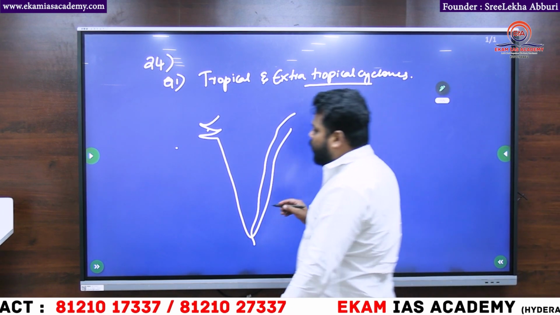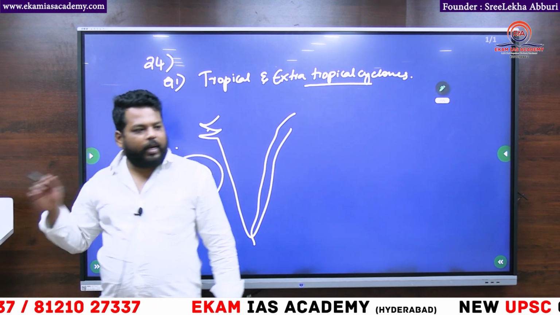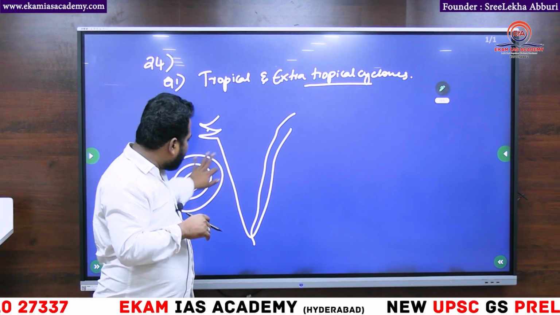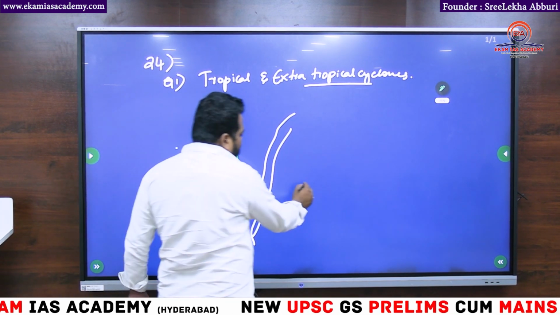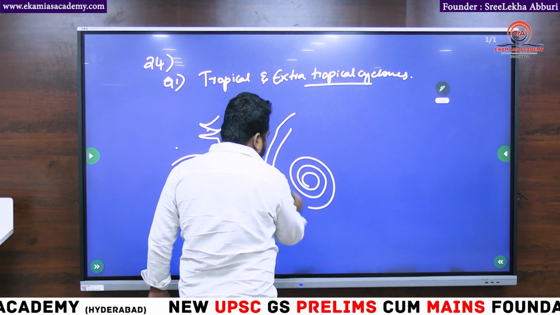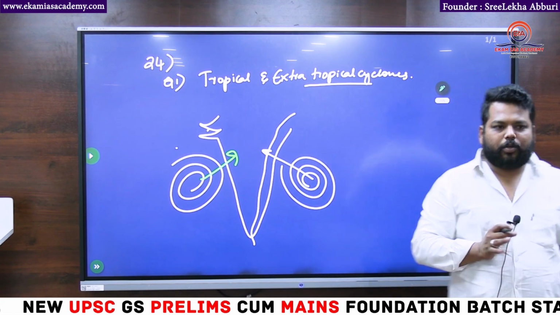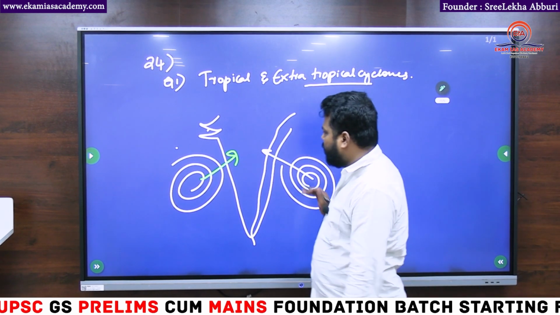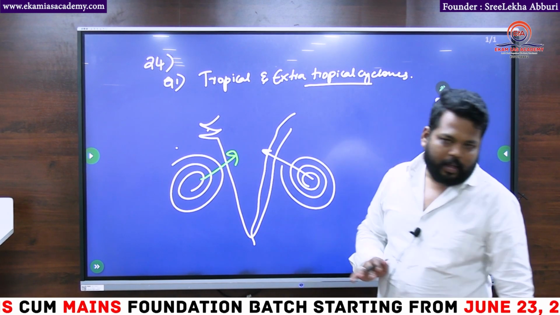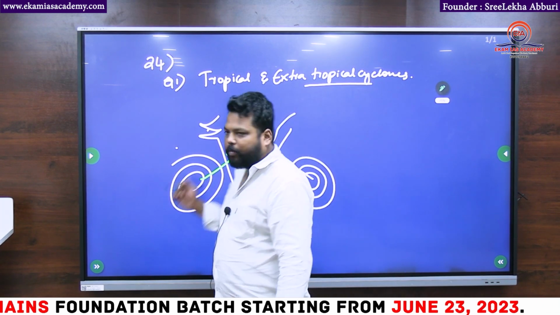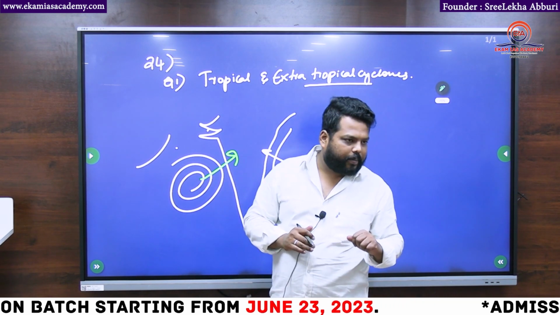In general, most of the tropical cyclones which are formed in the Arabian Sea don't come and hit India, because the tropical cyclone's character itself is moving from east to west. So those cyclones which are formed in the Bay of Bengal tend to hit the eastern coast of India, because next to it we have land. But for those cyclones which are formed in the Arabian Sea, immediately next to that portion, do we have land?